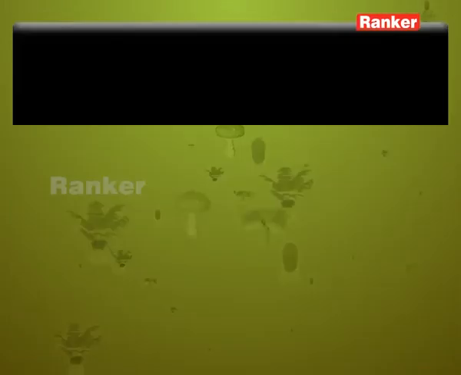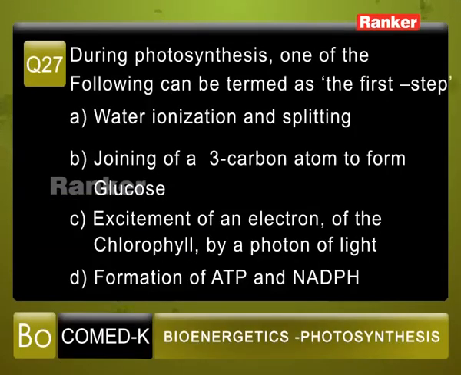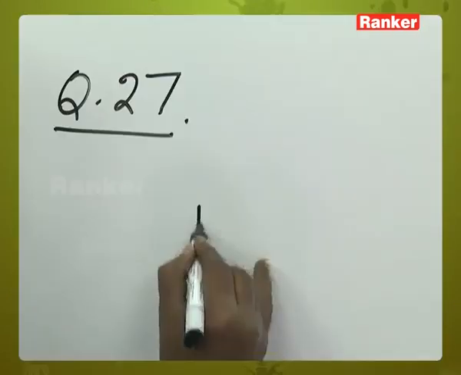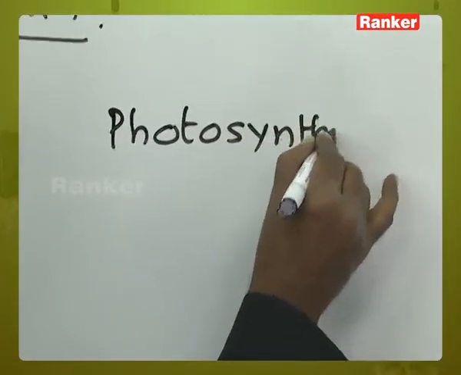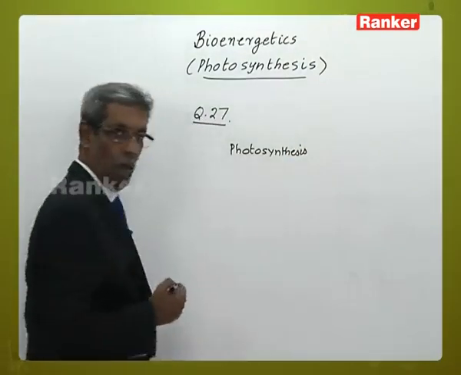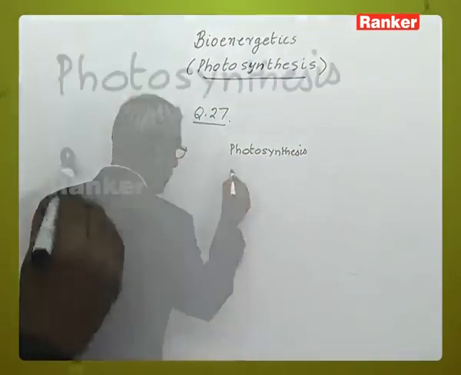Question number 27. During photosynthesis, one of the following can be termed as a first step: A, water ionization and splitting, B, joining of the 3-carbon compound to form glucose, C, excitement of an electron of the chlorophyll by a photon of light, D, formation of ATP and NADPH. Whenever we take photosynthesis, photosynthesis starts with the photon of light.